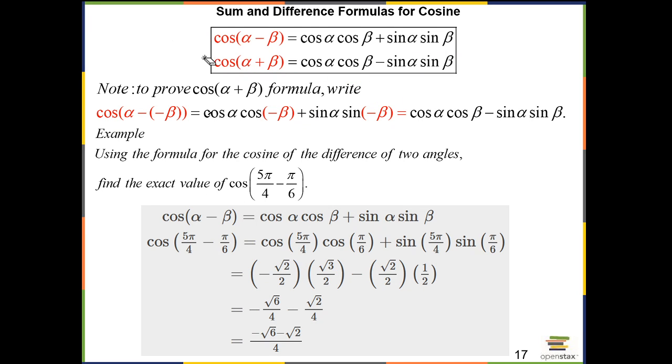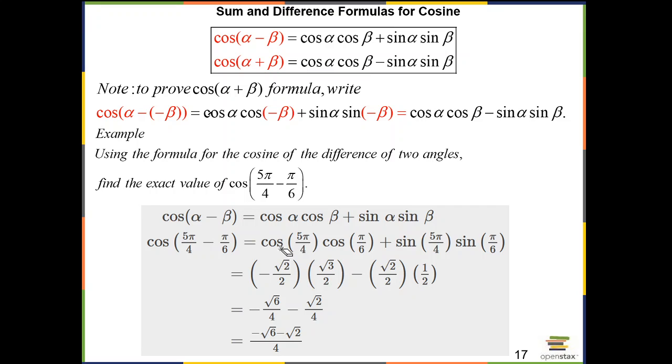All right, so here's an example. Using the formula for cosine of the difference of two angles, find the exact value of cosine 5 pi over 4 minus pi over 6. So what we do, we use the formula and write this in this form, obviously, right?